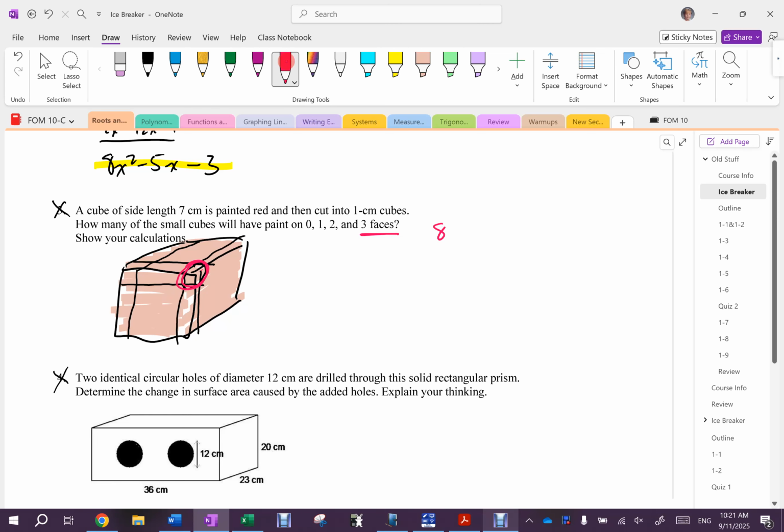If I cut it into pieces and I take this piece off, then these 3 sides are still going to be green, aren't they? Okay? So, if I dip this whole thing in red, then all this is going to be red, which means every corner is going to be red, isn't it? And only the corners have paint on 3 sides. And there's only 8 corners. You with me? Everybody with me?